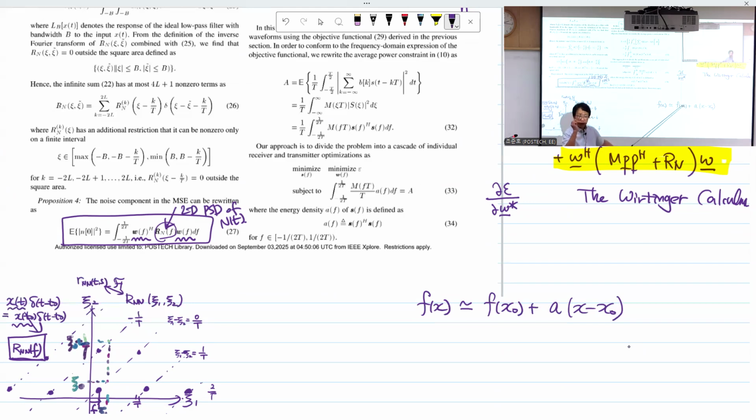However, if x is not equal to x0, but close enough to x0, then you want to claim this. And if such a claim is possible with a unique number a, then it is called differentiable at x0.